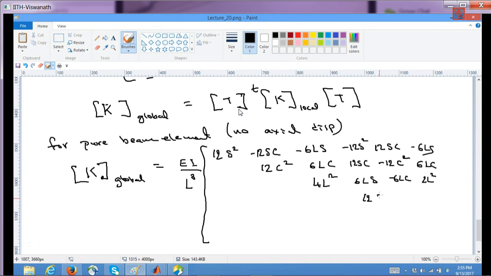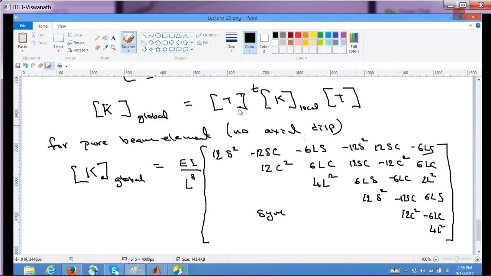12 s square, minus 12 sc, 6 ls, 12 c square, minus 6 lc and 4 l square, and this being symmetric.